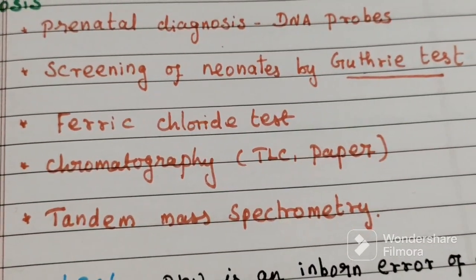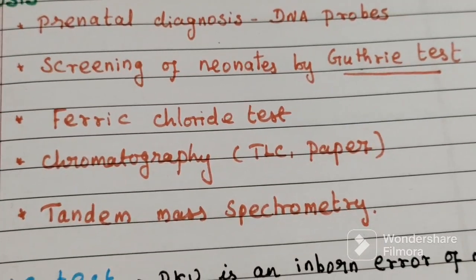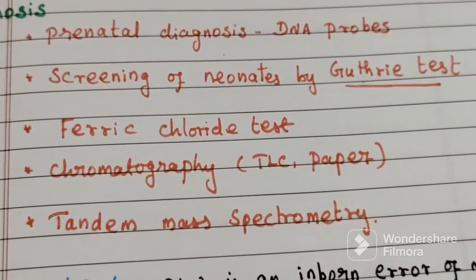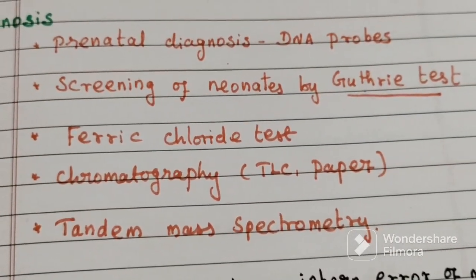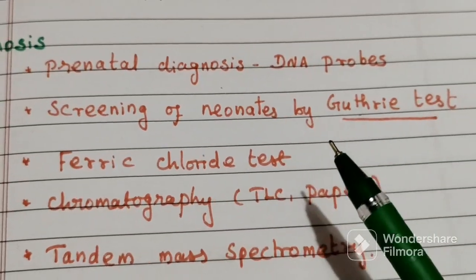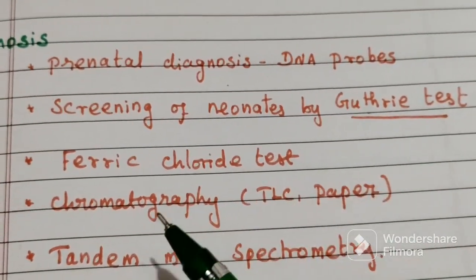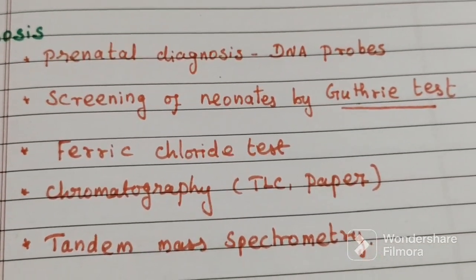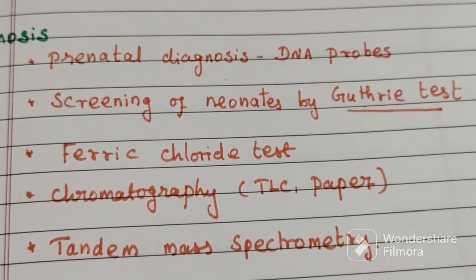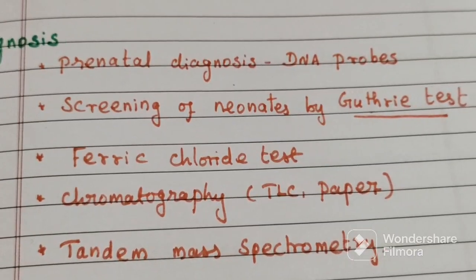The confirmatory test is done by tandem mass spectrometry. So prenatal diagnosis by DNA probe, Guthrie test, ferric chloride test, chromatography and tandem mass spectrometry can be used to diagnose.